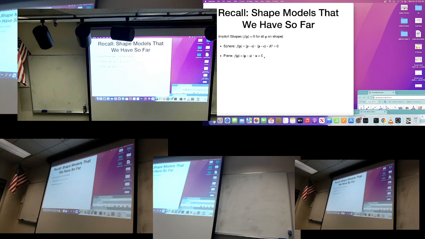The same goes for a plane. Again, an implicit representation. The moment I say f of p is some expression that involves all the points p in 3D, and then I force this expression to be 0, that is the level set to be 0, that defines the surface. A parametric shape, not discussed today, uses some other value, like for curves it would usually be time, to describe a point along the curve.